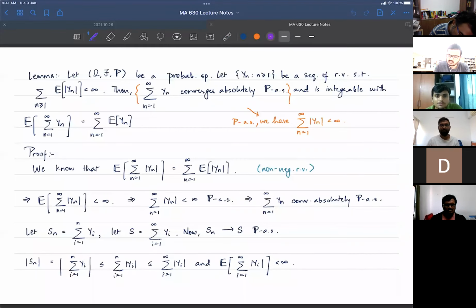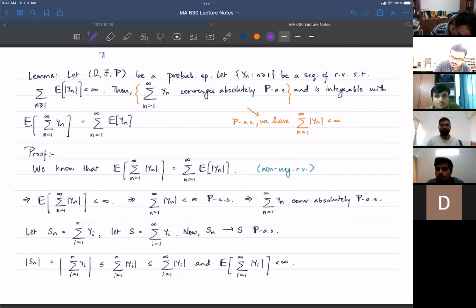Now, just a reminder, this is something from calculus or real analysis, however you want to think of it. Suppose I have a series of real numbers, the sum n going from 1 to infinity of xn. I'll say that this converges absolutely if the sum n going from 1 to infinity of the absolute value of xn is finite.